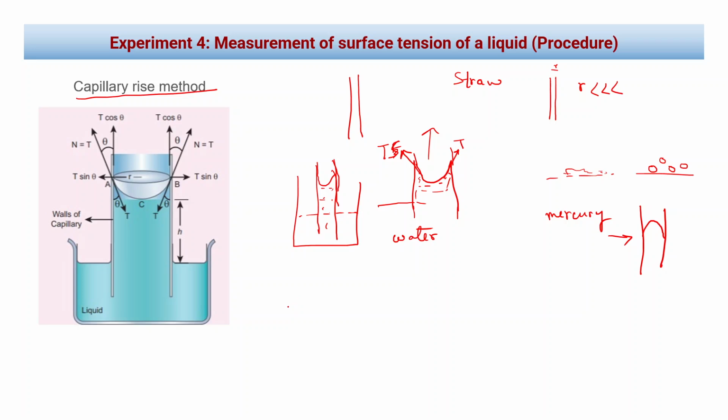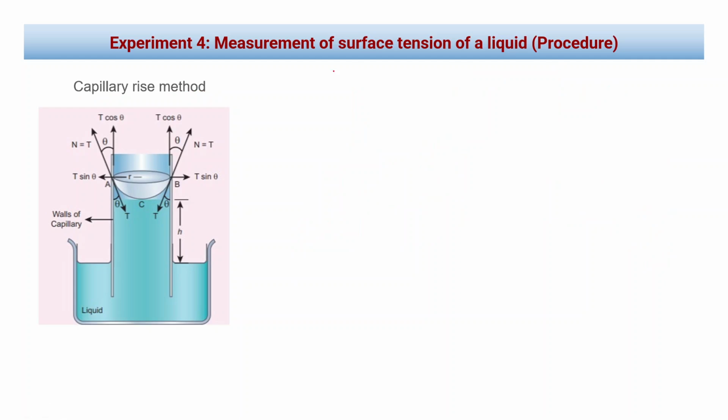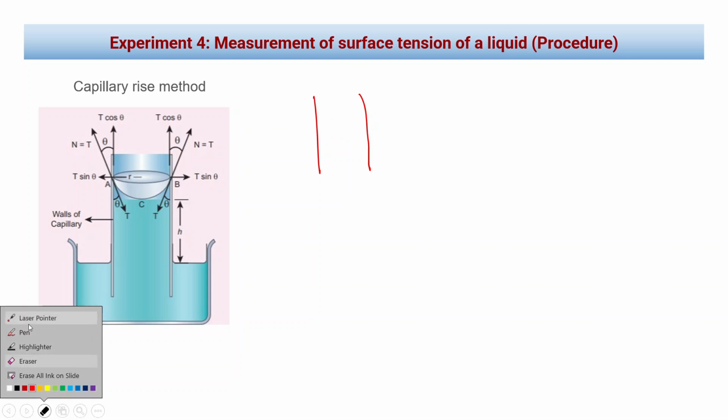The upward force due to surface tension on the liquid will have a component, right? Or I can draw it again. Considering the liquid that we took, this whole setup is there, and I'm just drawing this part.